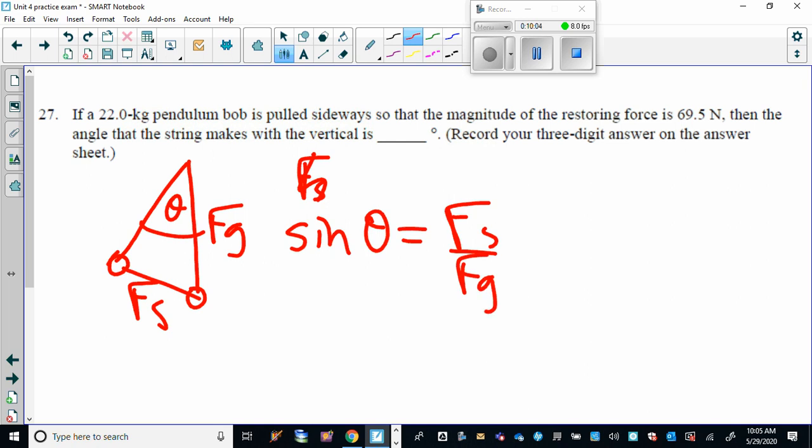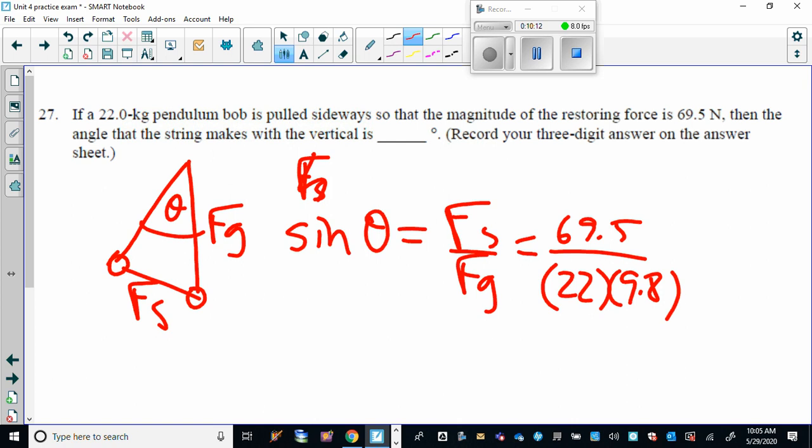It gives you the restoring force. Gives you the mass. Do that mathematical operation and then inverse sine of the answer to get the angle, which turns out to be, where's my answer? 18.8 degrees.